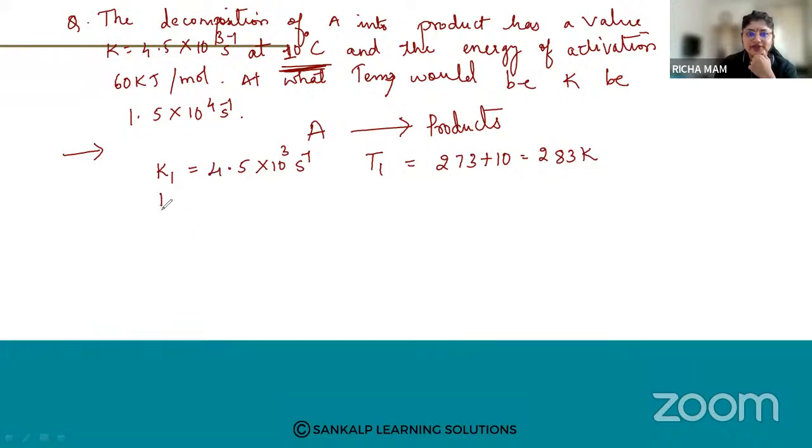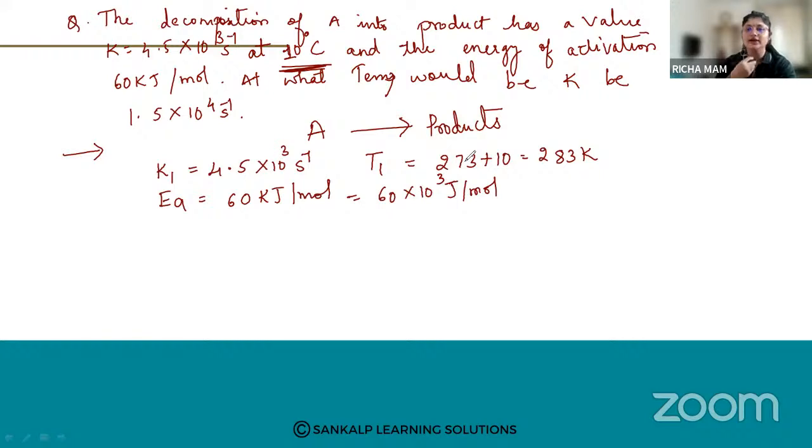The energy of activation is also given. What is the energy of activation? 60 kilojoules per mole. Since kilo is there, we can take it as 60 into 10 raised to 3, so we convert into joule per mole.